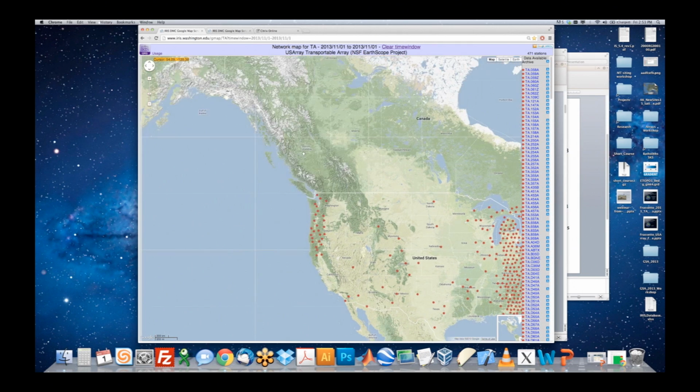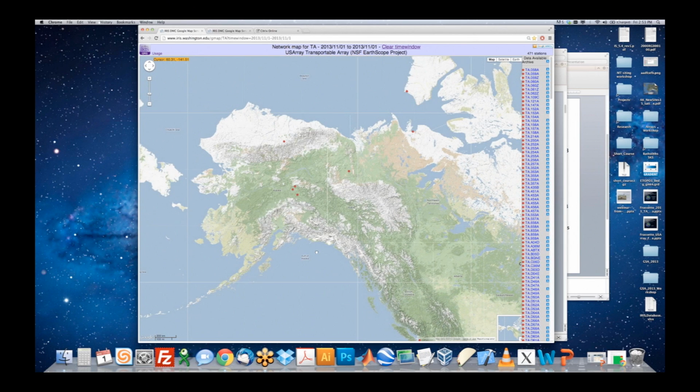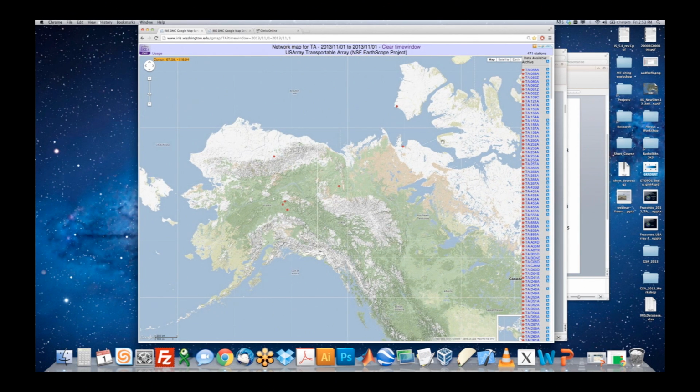If you swing northward, you can see that there are red dots associated with the TA. These are stations that went in primarily last fall, but also there's a test site that's been in there for over 2 years now. And there were two that were just installed this late summer that are part of the wider TA-related footprint that has also been installed collaboratively with the Canadian government and the local geological surveys.